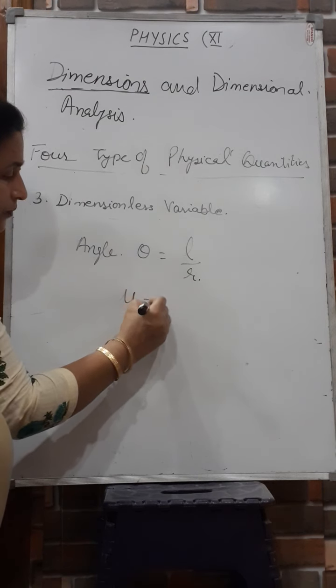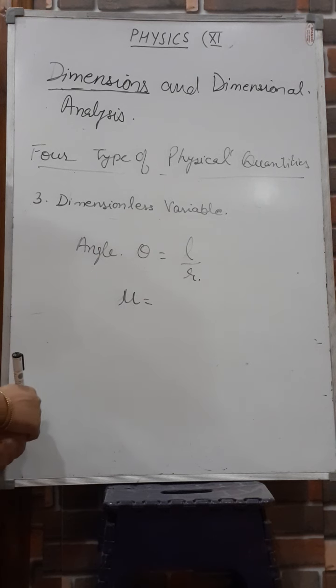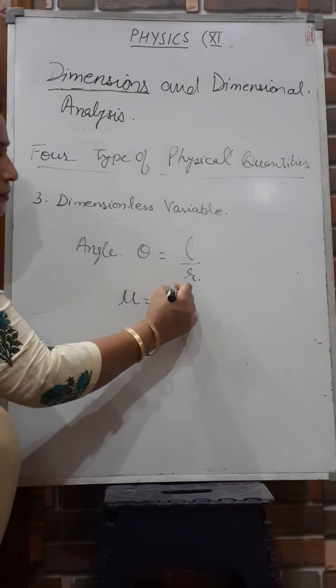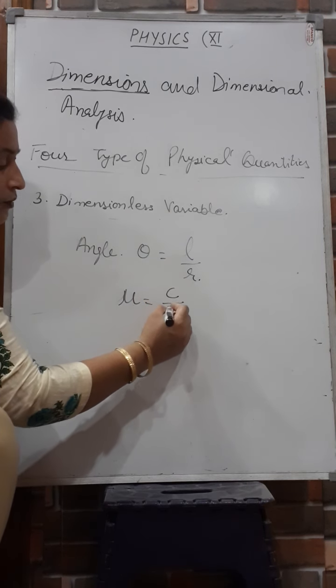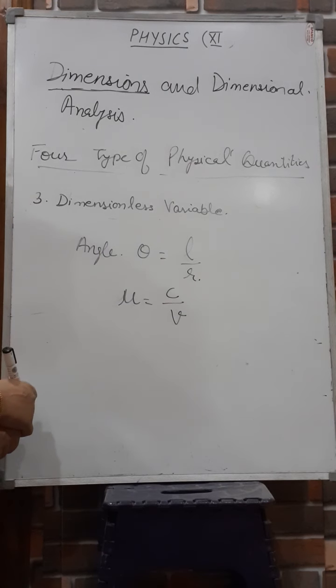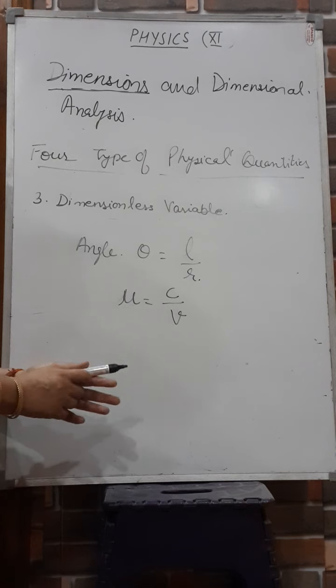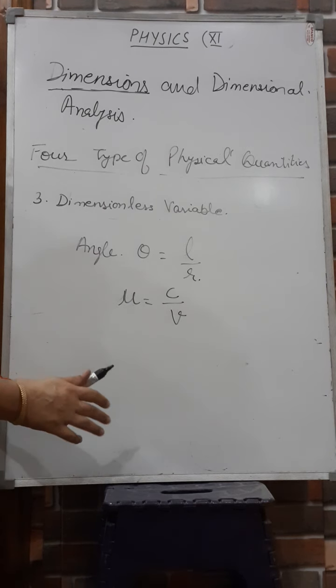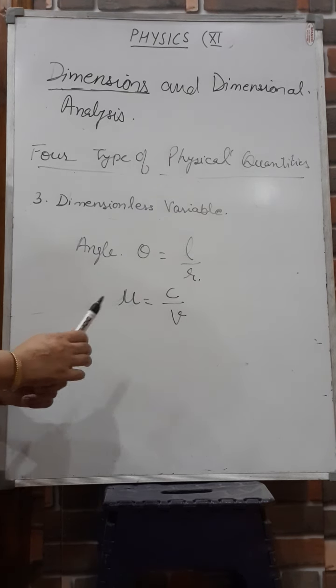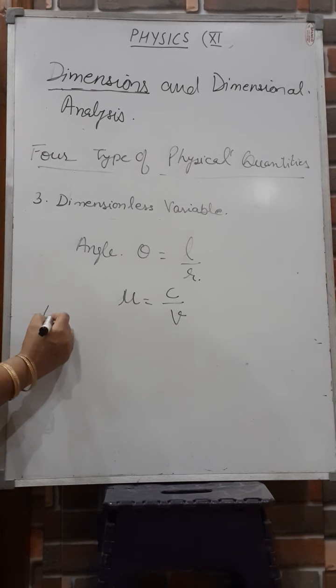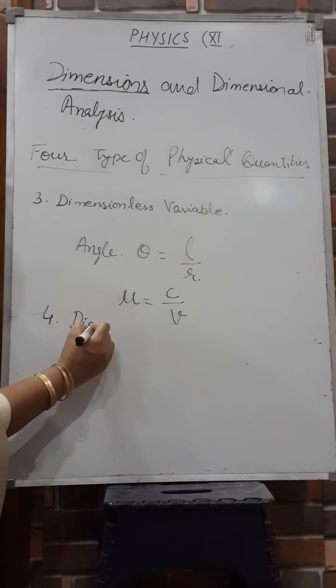Refractive index, you have studied in class 10. It is the ratio of speed of light in air to the speed of light in medium. So it is the ratio of the same type of physical quantity. It does not have any dimensions, but the value can vary. Fourth quantity is dimensionless constant.